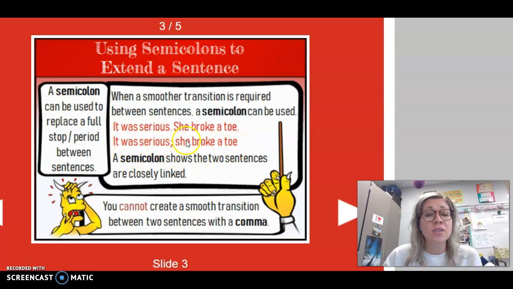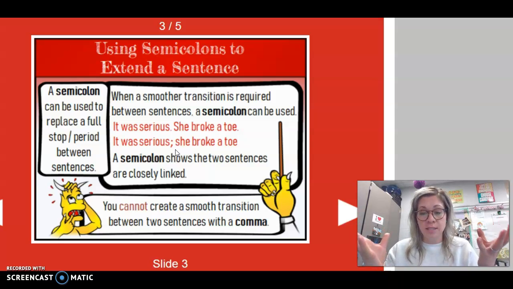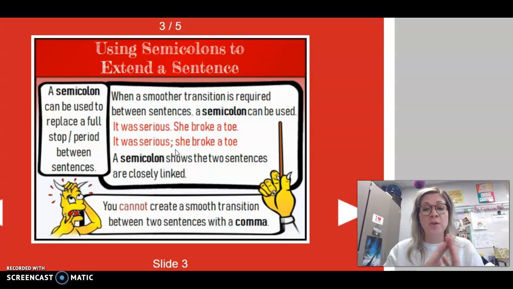So that is the main use of a semicolon and the main misuse that people make of semicolons, okay? So you have to have two complete sentences, two independent clauses. They could stand alone, they could be their own sentence, but you want to join them together because they're closely related in the idea that they are conveying, okay?